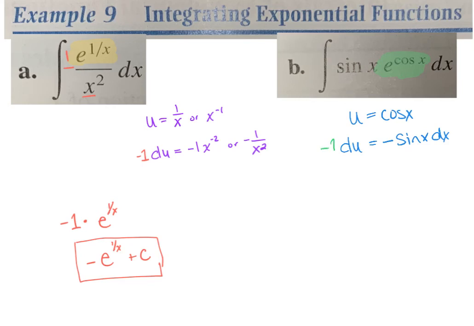So I just need to multiply by negative 1. So my final answer is going to be my function times that negative 1. Negative 1 times e to the cosine of x plus c. So just negative e to the cosine of x plus c.